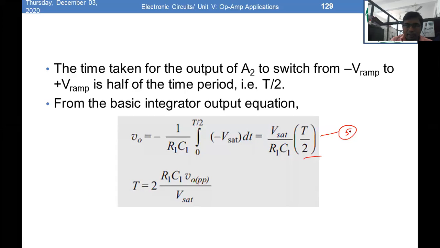And that could be further written as the equation for the time period T equals 2 into R1 C1 output voltage peak to peak upon Vsat. So this is also a very important relationship.